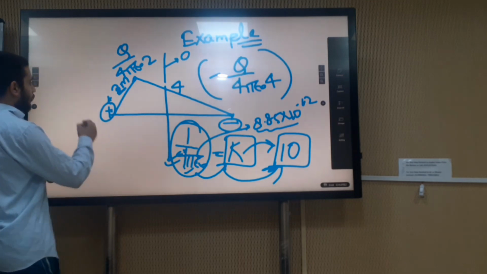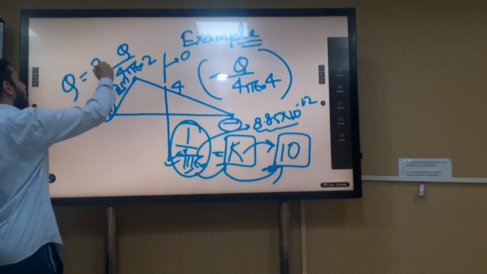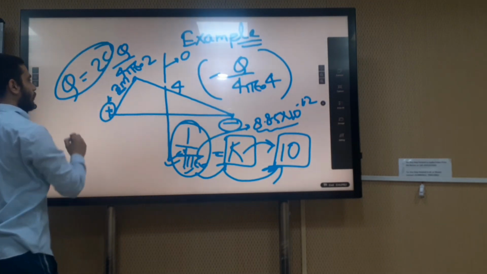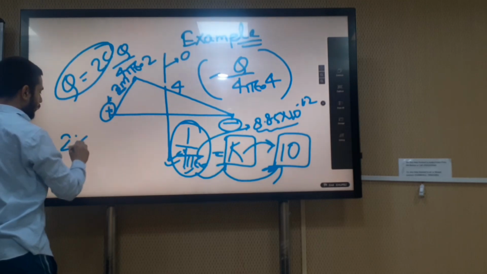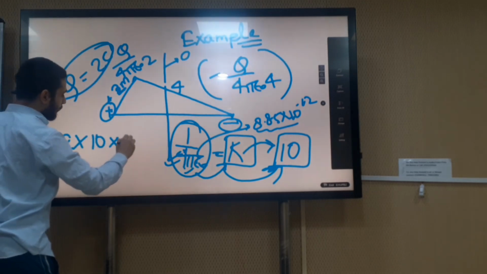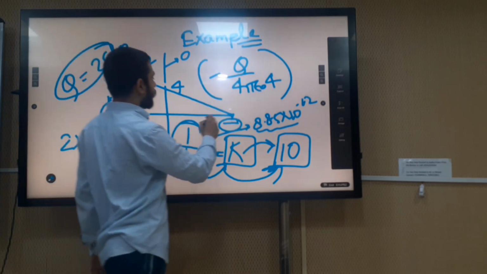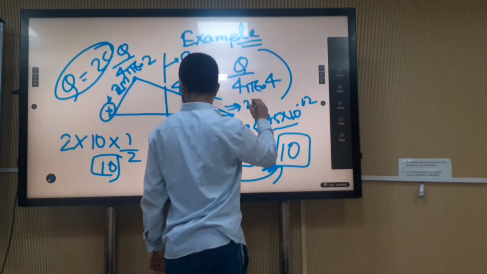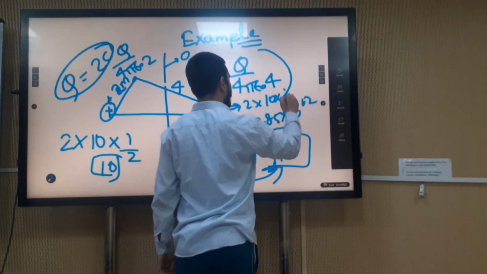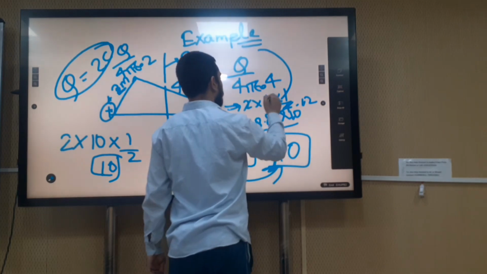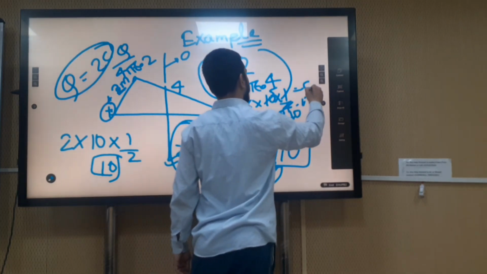And the value of Q is given as 2 coulomb. So what will be the value? 2 into 10 into 1 by 2, which is 10. Here it came out to be 10, and what will be here? 2 into 10 into 1 by 4, so it will be 5.